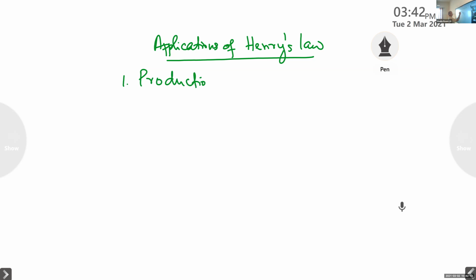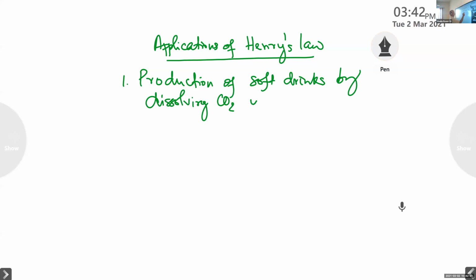Production of soft drinks by dissolving carbon dioxide under high pressure. What is the use of the application of pressure? You know, when pressure increases, the mole fraction of carbon dioxide in solution increases.